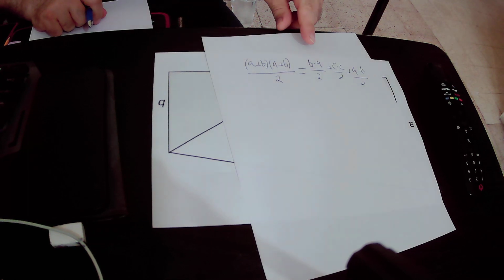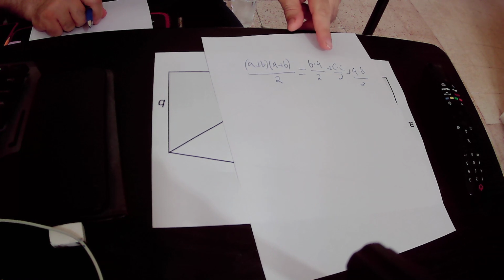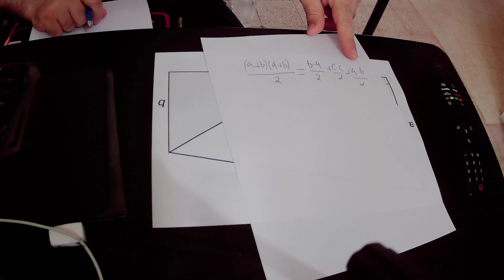So it is the sum of the area of the right triangle, that is b times a divided by 2, plus the area of the middle triangle, that is c squared divided by 2, plus the area of the left triangle, that is a times b divided by 2. Okay? So we will multiply both sides of the equation by 2.